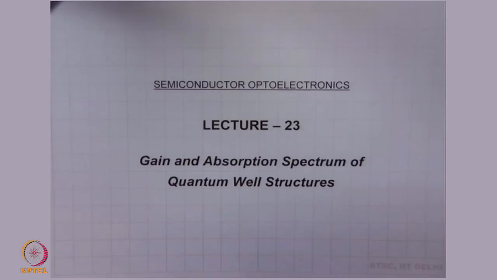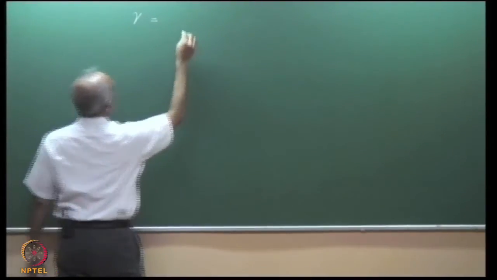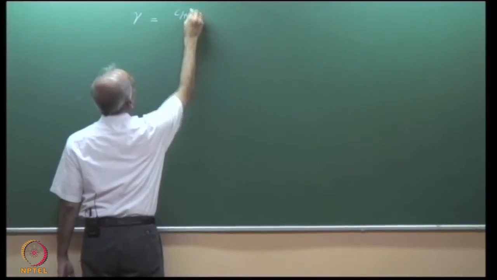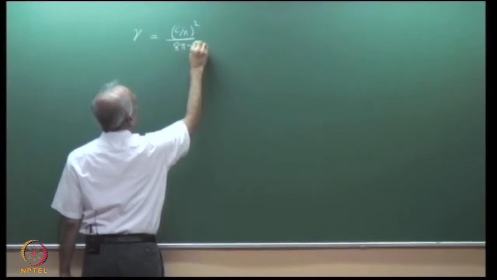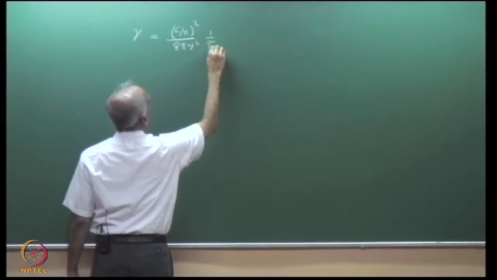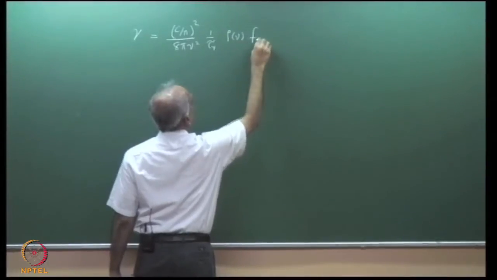So, recall that we have an expression for the gain coefficient gamma equal to C by n square divided by 8 pi mu square, 1 divided by tau r, into rho of nu into f g of nu.